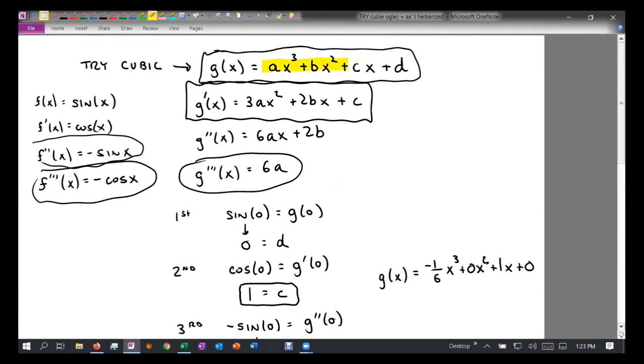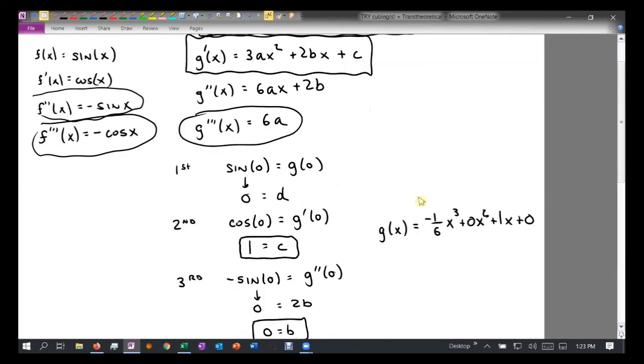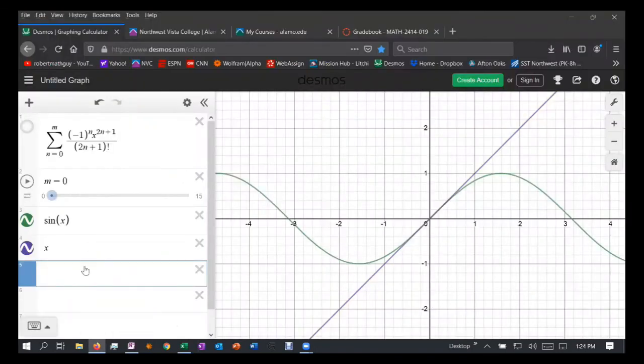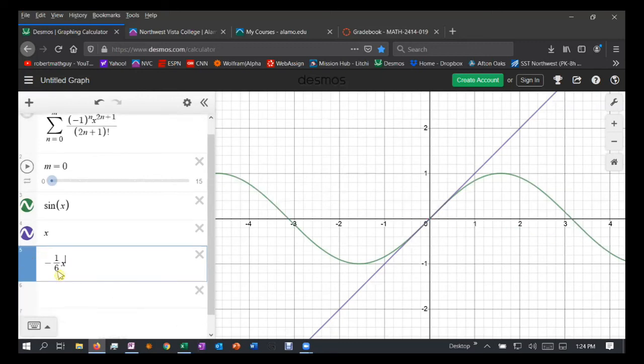Okay. Shall I go graph that? See how good it is? All right. Negative 1/6 x cubed, and then plus x.